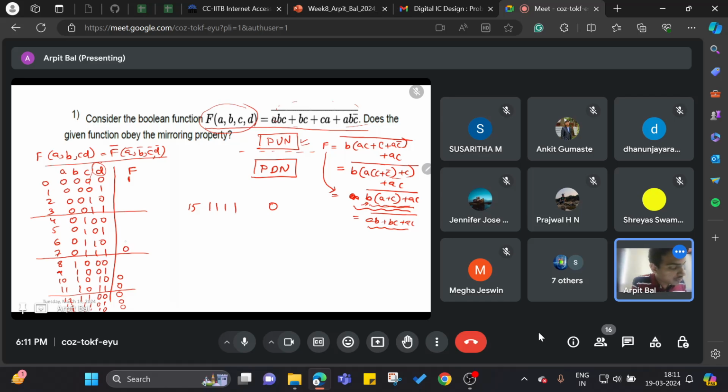this is 0, this is 0. So what will happen to the remaining inputs? It will be evaluated as 1. Does everyone agree with this?